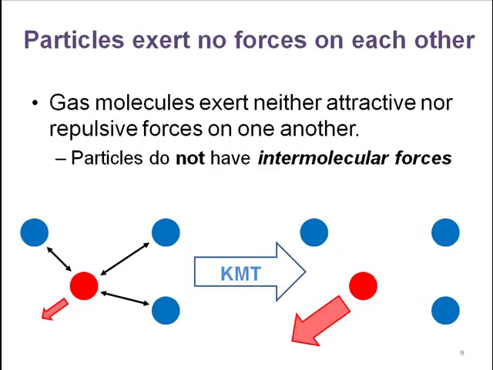In reality, one particle may be attracted to another because of its polarity or its properties. In the kinetic molecular theory, these particles move constantly, but they are not assumed to attract one another at all.